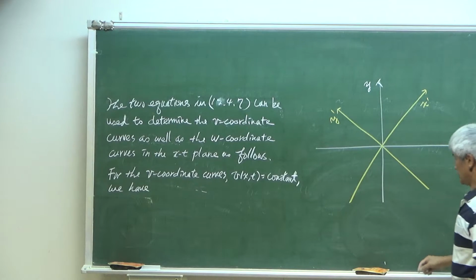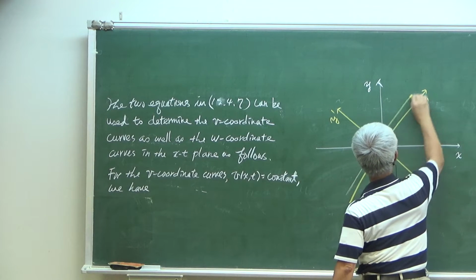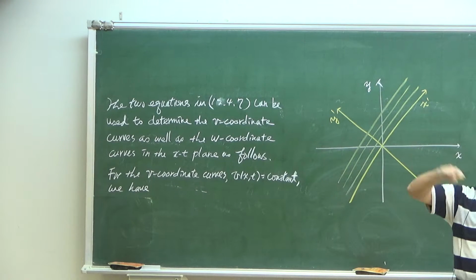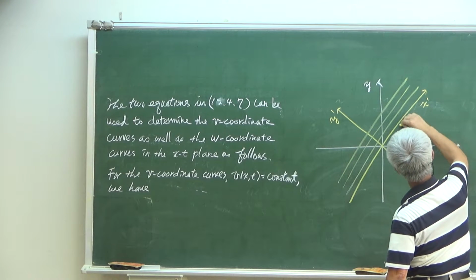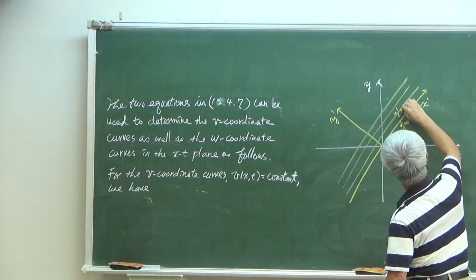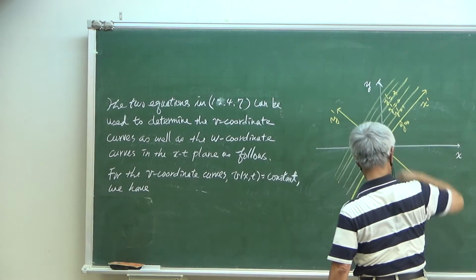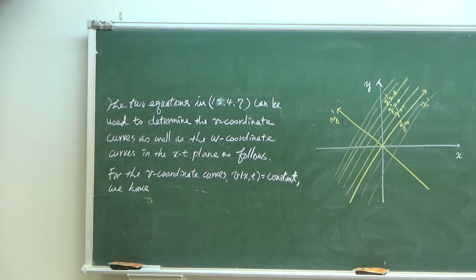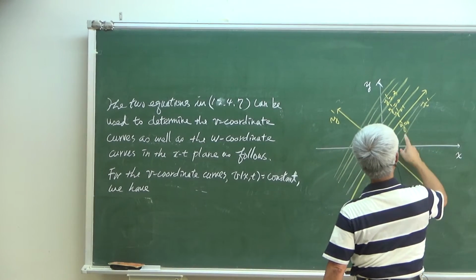The coordinate curves become coordinate lines, so they are straight. This goes from y prime equal to 0, y prime equal to 1, y prime equal to 2, y prime equal to 3, etc. Let me use another color.